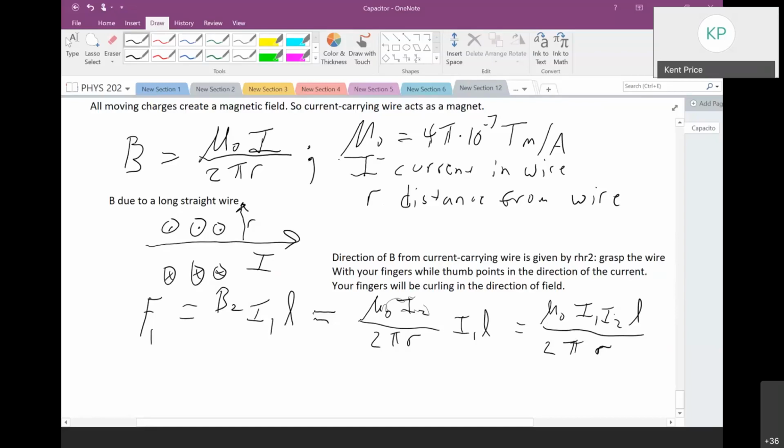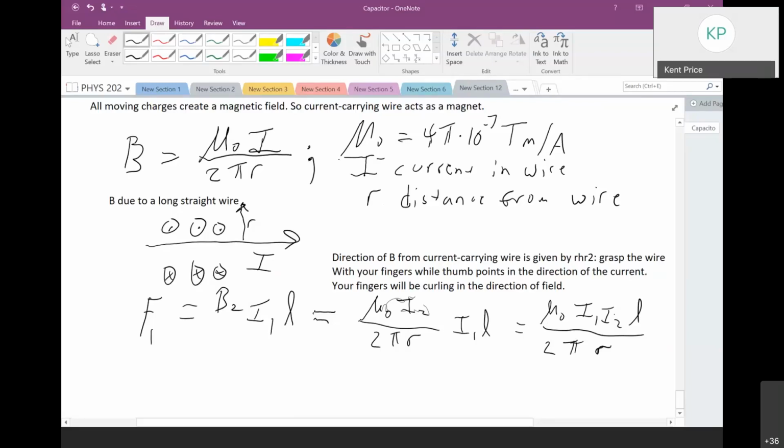r is the distance that you are from the second wire, the wire that's making the magnetic field. Our book says, well, let's call that the distance between the two wires and rename it D. It doesn't really matter what you call it.